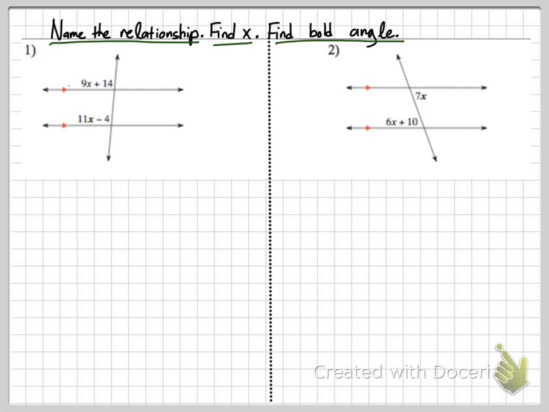So for example 1, we're going to name the relationship here, which we have two angles. They're on the same side and in the same position. So here we're working with corresponding.